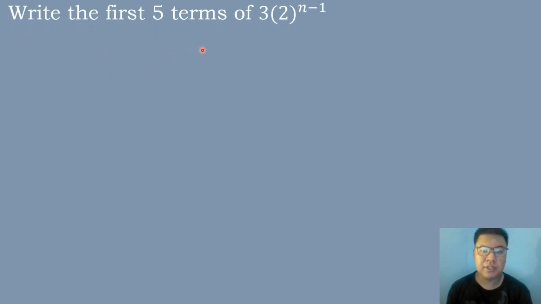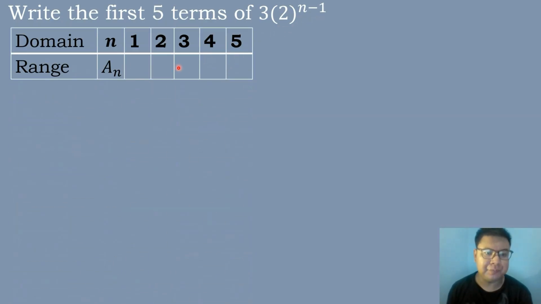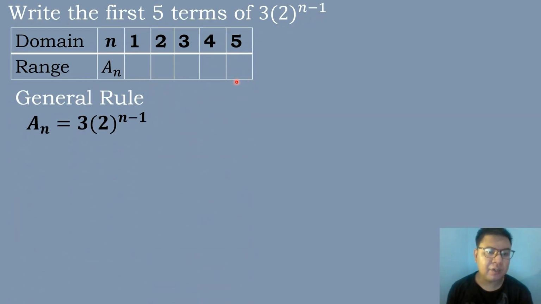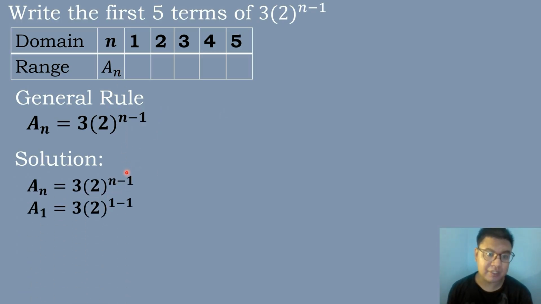So let's now have our last example. Write the first 5 terms of 3 times 2 raised to n minus 1 power. The general rule of the sequence is a sub n is equal to 3 times 2 raised to n minus 1 power. Let's find the first term using the general rule. If n is equal to 1, we substitute 1.